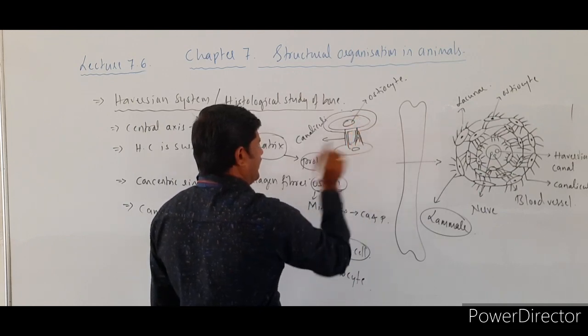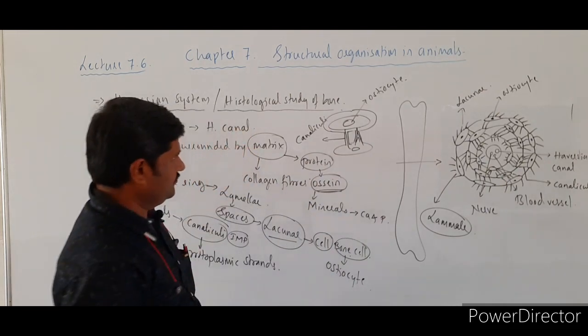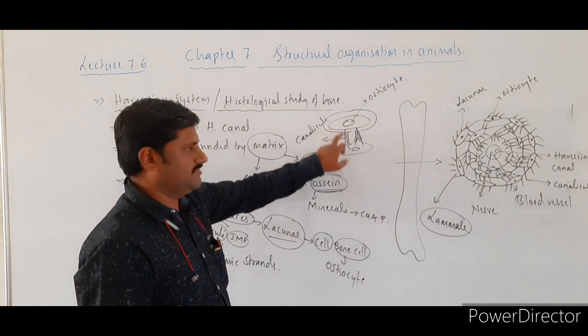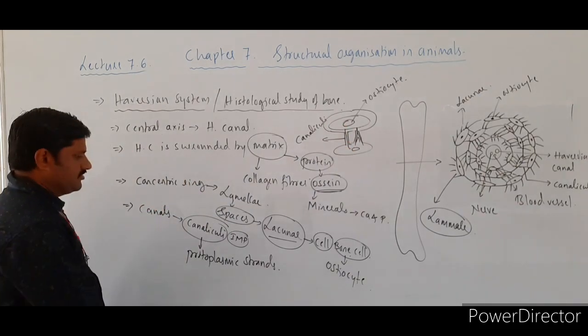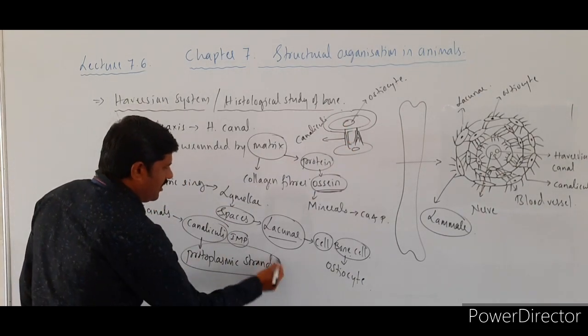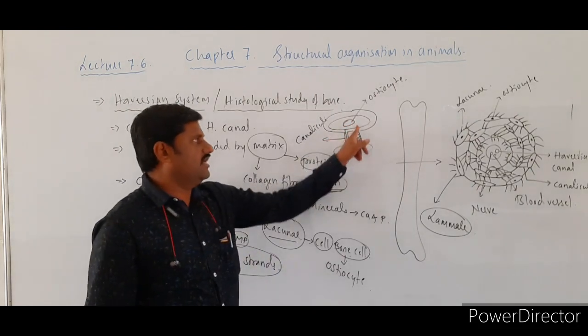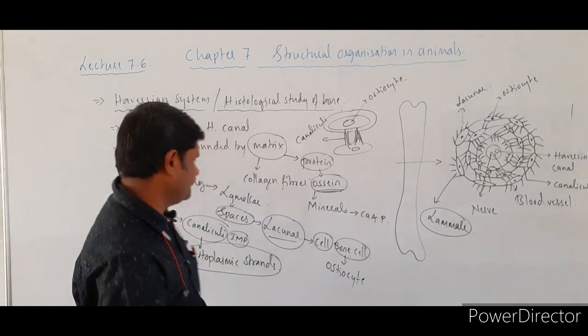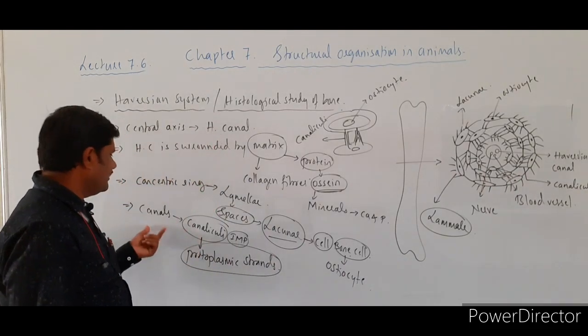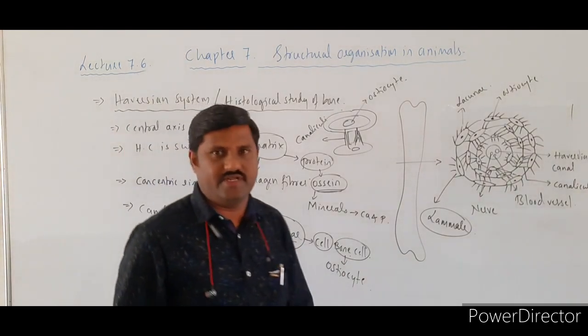It is the interconnection of the osteocytes, the neighboring osteocytes that take place, right? So protoplasmic strands are formed between two neighboring osteocytes. They interconnect with each other. That is the important point to be noted over here.